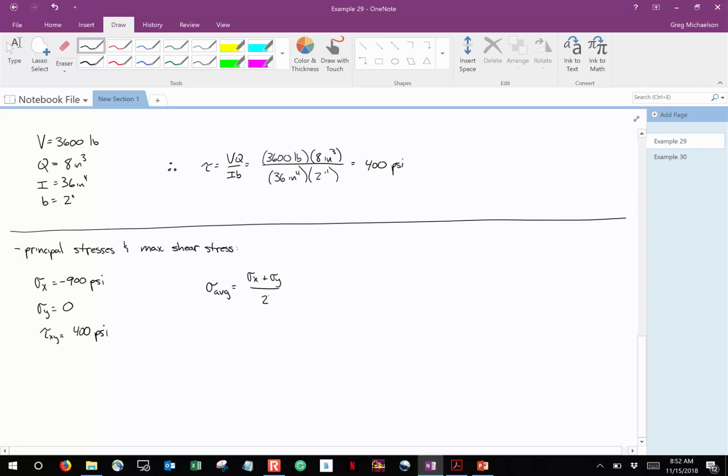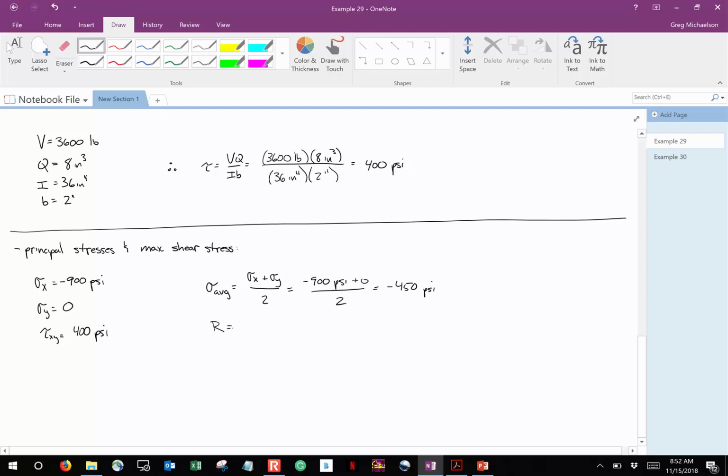And see, here's where I was mentioning earlier, it really doesn't matter whether or not we call the 900 psi or the negative 900 psi sigma x or sigma y, because whichever one we put here, we're going to get the same answer. So minus 900 psi plus 0 over 2, so that is minus 450 psi. So that's the center of Mohr circle.